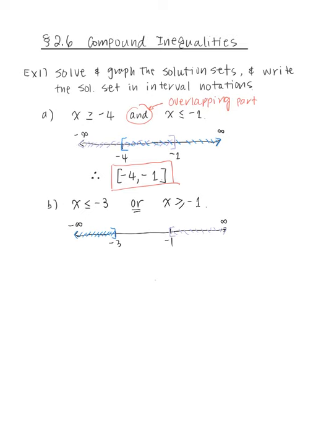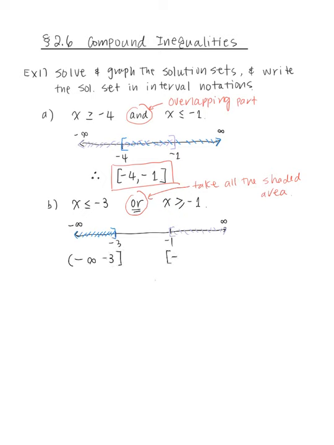Now, every time you see the word or, you take all the possible shaded area for the answer. So let me just write that. Take all the shaded area. So in this case, where is it shaded? One of them is from negative infinity to negative 3, close bracket.